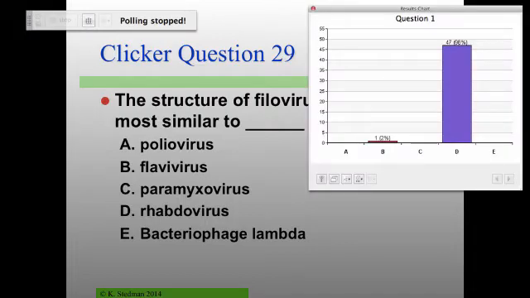Nobody liked my bacteriophage lambda. How could they? But no, filoviruses look nothing like lambda, or at least the virions thereof don't. What kind of virions do polioviruses have?